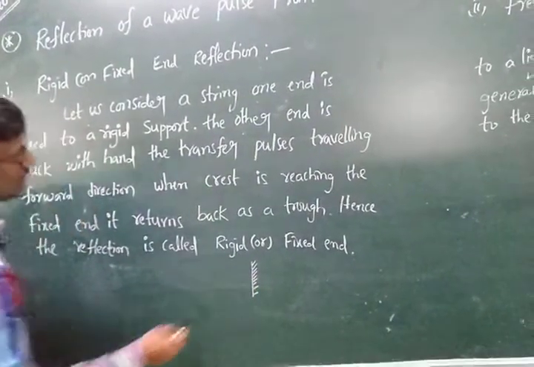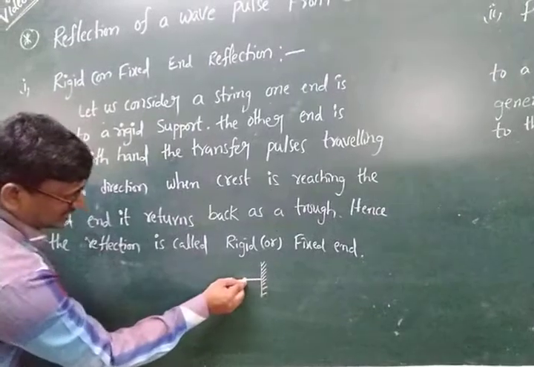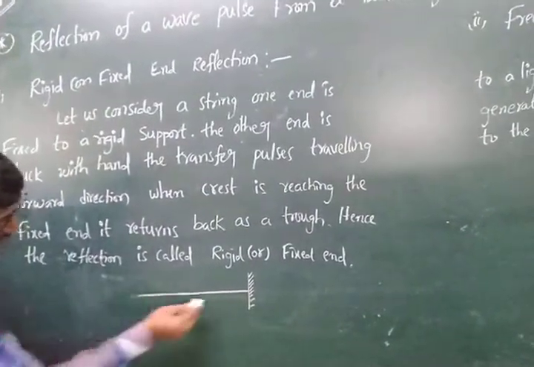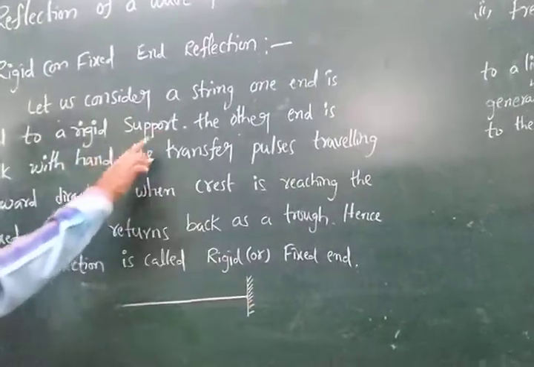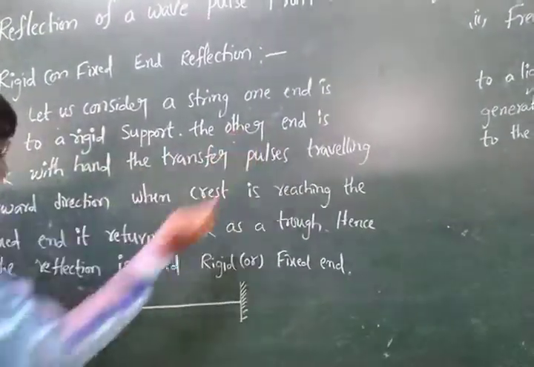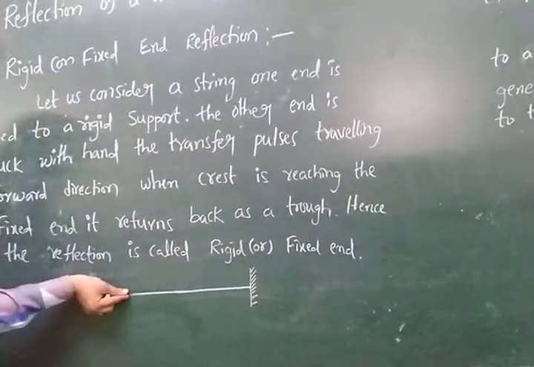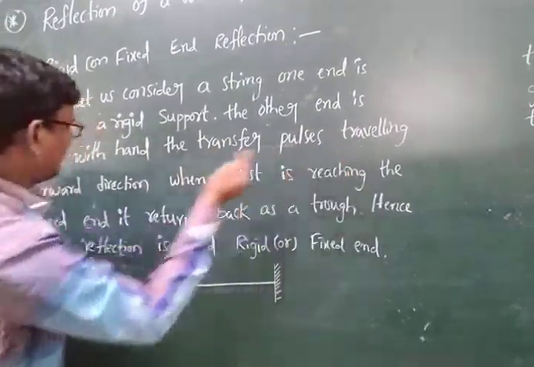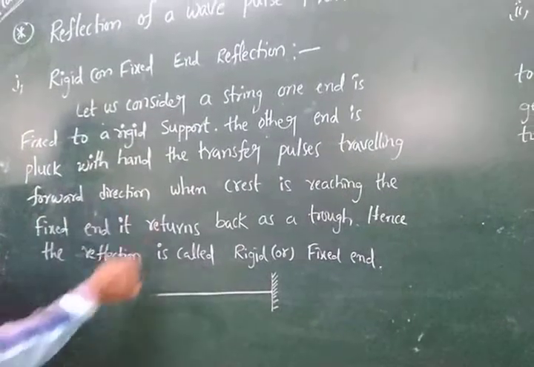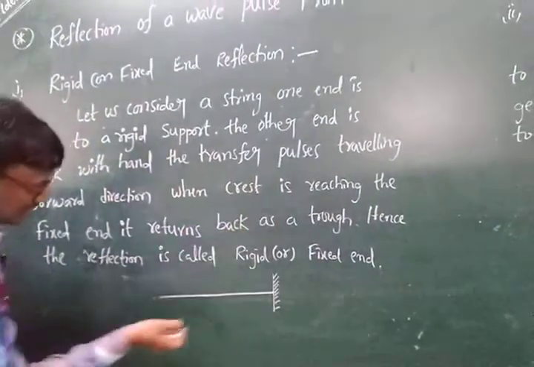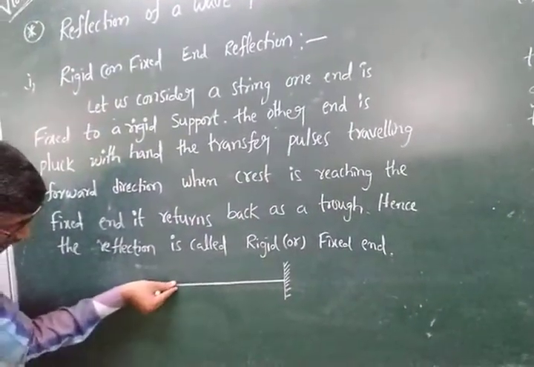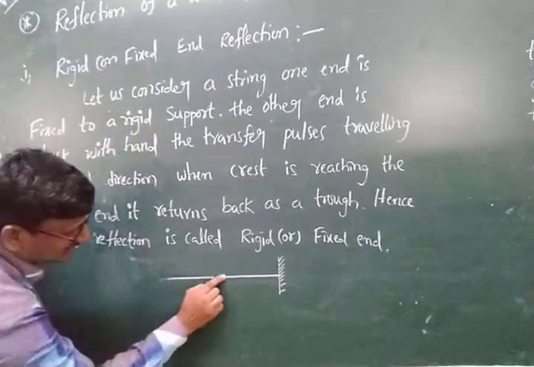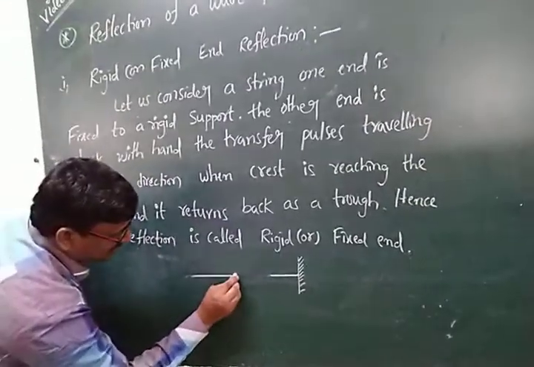One end of the string is fixed to the support, and the other end is plucked with the hand. The transverse pulses travel in the forward direction. When the string vibrates, transverse pulses are generated. This is called a pulse.